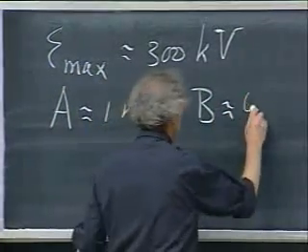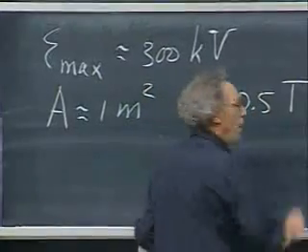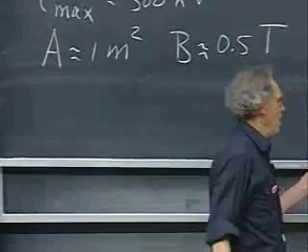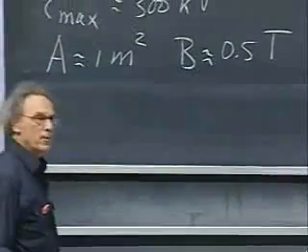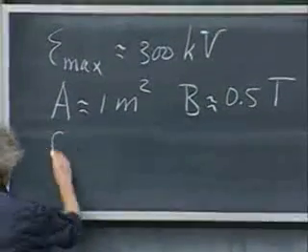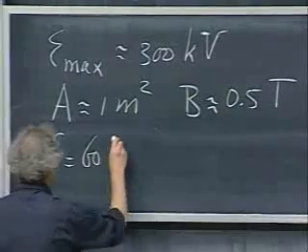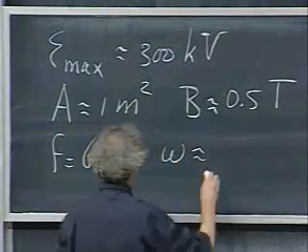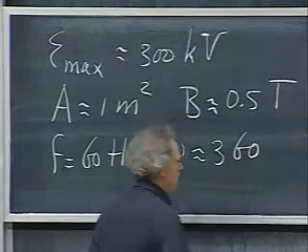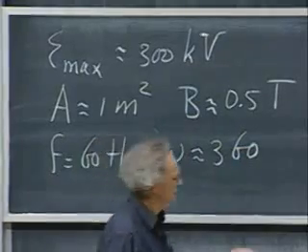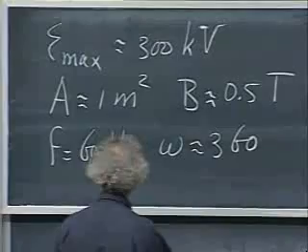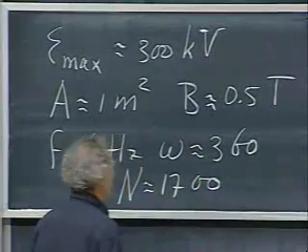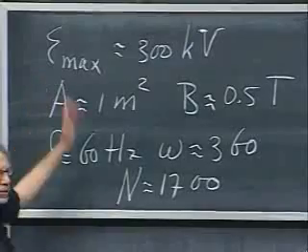It's by no means unreasonable numbers. And if now you want a 60 Hertz frequency, so your frequency f is 60 Hertz, so your omega is 2 pi f, about 360 radians per second. If now you have about 1700 windings, and you can check that at home, then you get your 300 kilovolts.